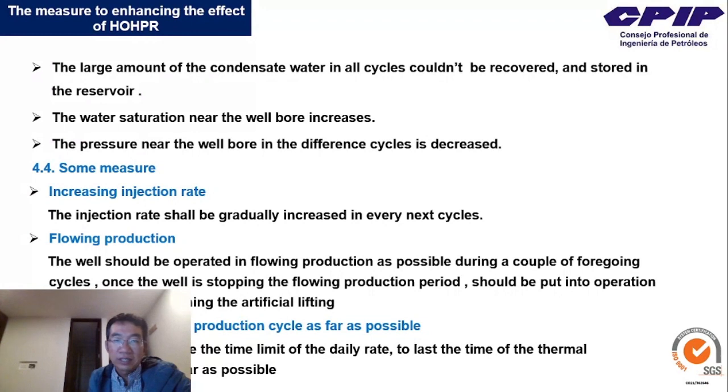Once the well is stopped, the following production period should be put into operation in terms of strengthening the artificial lifting to extend the thermal production cycle as far as possible.